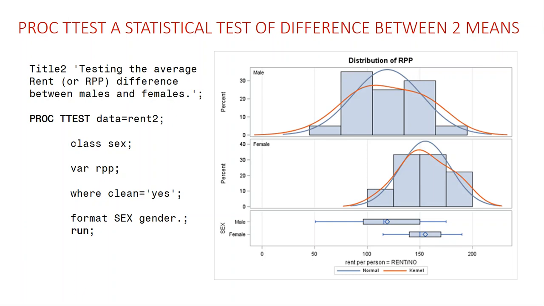And it appears from our graph that females do pay quite a premium. Notice we're using the command where clean equals yes. This is an indication that we defined in part 3 a variable called clean that has the value yes if it does not include any of the outliers or suspicious variables.